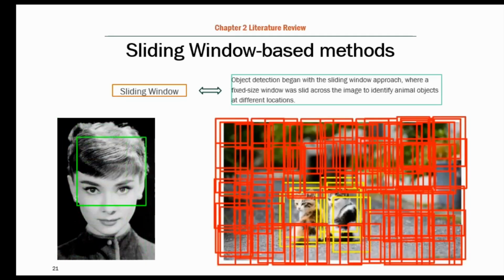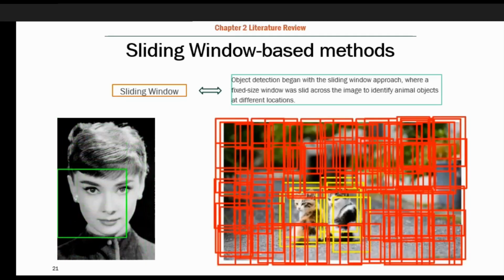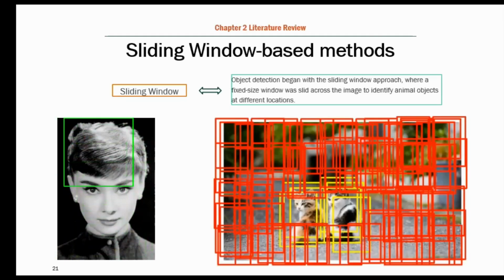For example, in my research, a thermal image has a height of about 500 pixels and a width of about 600 pixels. A thermal image will generate hundreds of thousands of sub-images. Processing all these sub-images may need half an hour. So this kind of detection efficiency is unbearable.